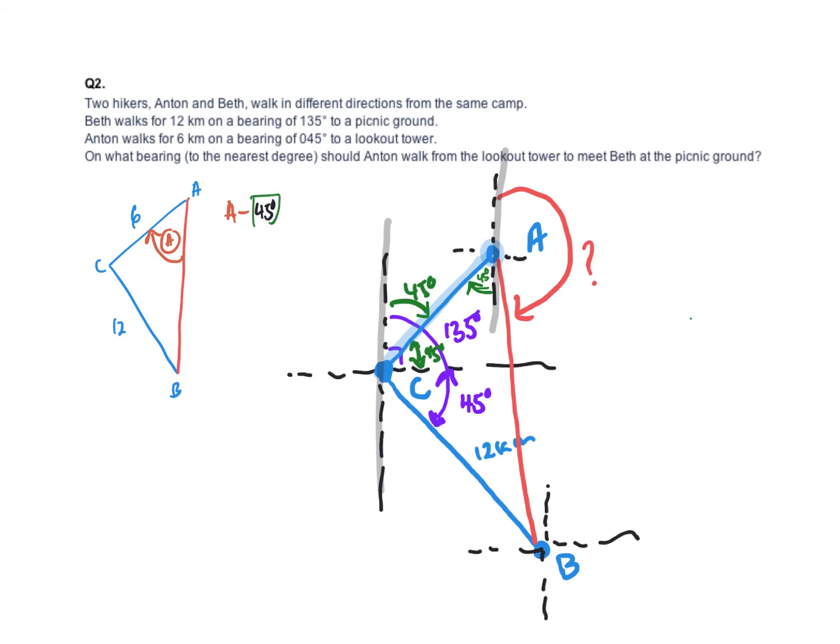Because in there I can see there's a little bit. So if I minus that 45, I'm going to see how far off that south line. I'm going to find out this angle in here. So it's going to equal that little angle in there. I'm giving it a little purple dot.